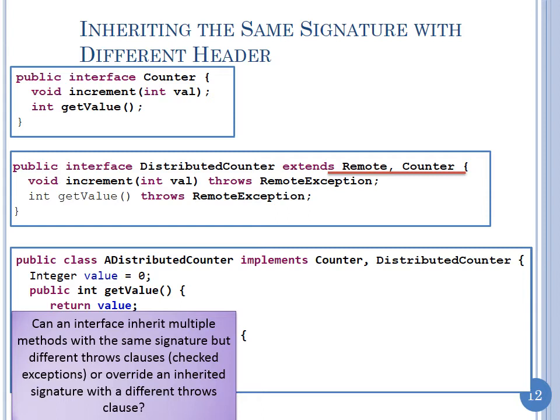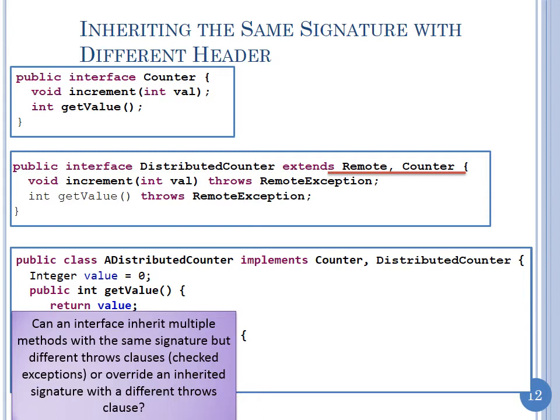So one question that arose was, could we have made distributed counter extend counter, so that both counter and the proxies to counter can be unified by one type? And that raised the more fundamental question: can an interface inherit the same signature with different headers?